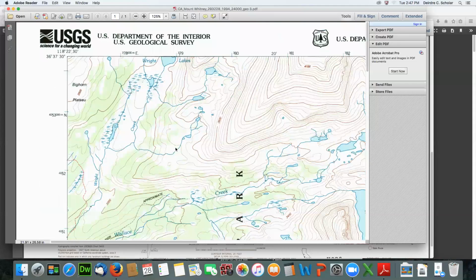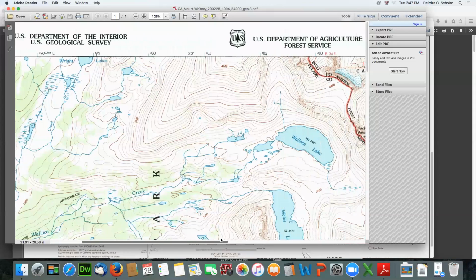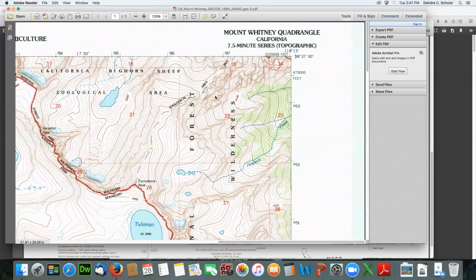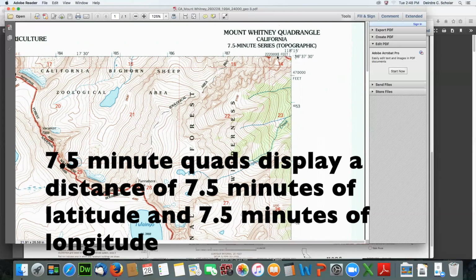So at the top of each map, it actually tells you how many minutes and seconds are covered distance-wise on the map. So this Mount Whitney quadrangle is called a 7.5 minute series map, meaning that the distance in both latitude and longitude between each corner is a distance of 7.5 minutes.